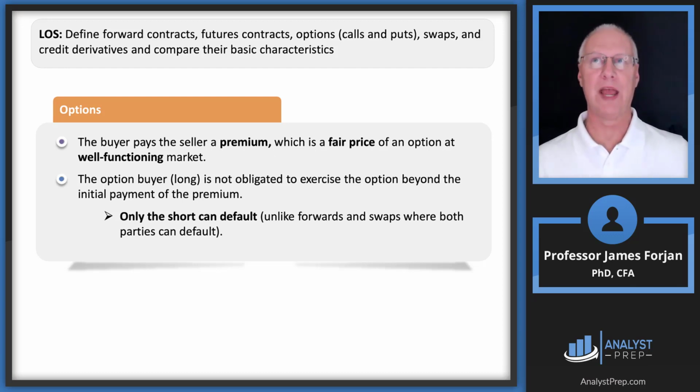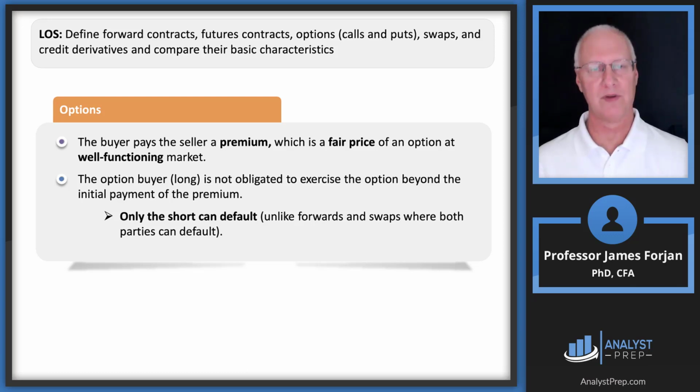Now, remember what I was saying is that with this right but not the obligation, you can do nothing. Well, because of that nature and a couple of other natures of options, these things are not free. Remember when I gave you that example of the futures contract that both the long and short position put up their own capital as a margin account. Remember, I kind of called that like an escrow account. Well, not so with options. You have to pay for options.